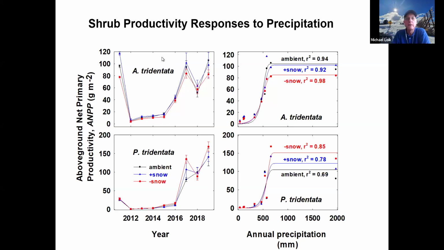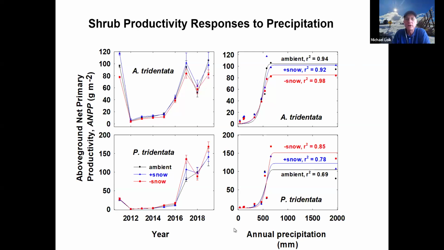If we take those data on the left-hand side and redraw them in terms of the annual precipitation in the years for each of those measurements, then we get these kinds of responses, which I find quite interesting, akin to a CO2 or light response curve. This is like an ecosystem precipitation response curve.